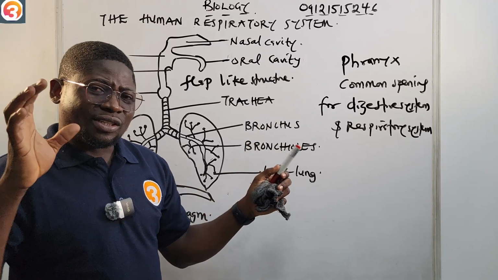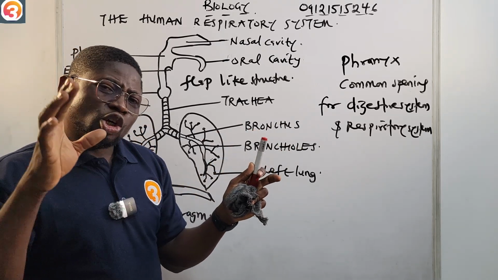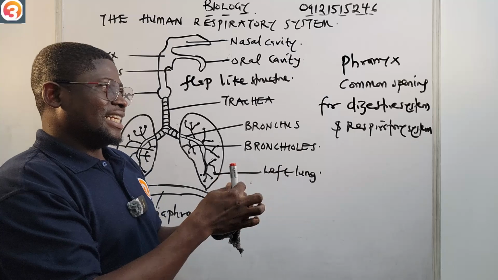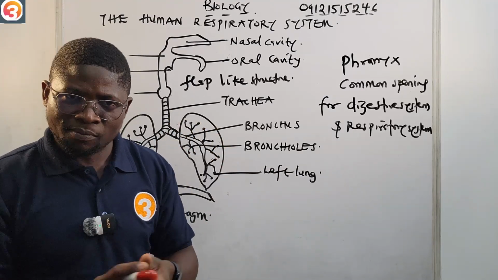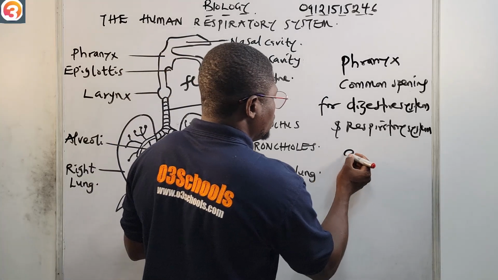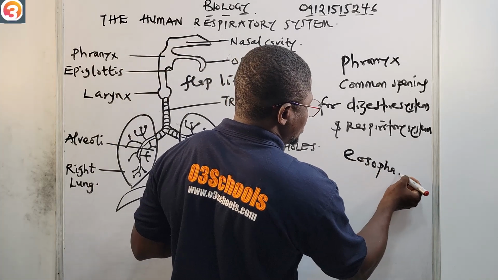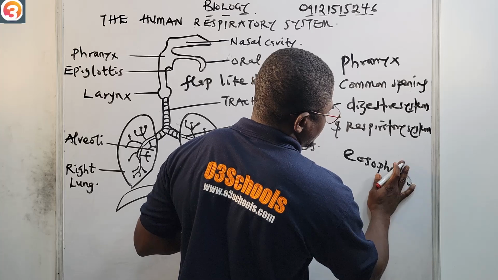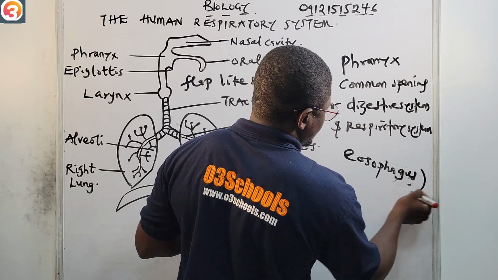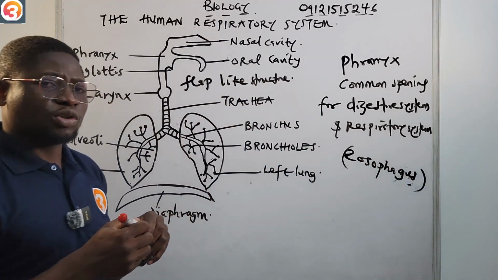It's a common opening, so it will close the respiratory side and leave open the digestive side so that the food will go into the esophagus. So that is what happens.